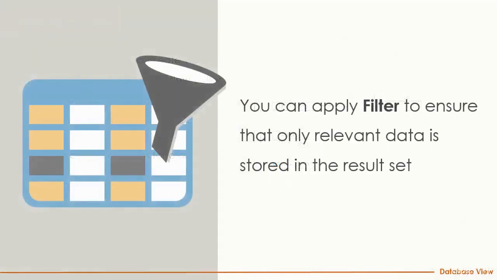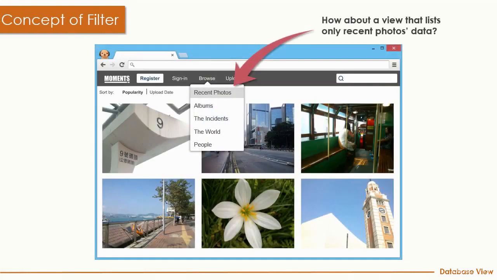There is one more advanced feature you can use with views. You can apply a filter to ensure only the relevant data you want is showing up in the view table. Let's take another example. Say we want to show the recent photos, the photos we uploaded within the last 5 days.